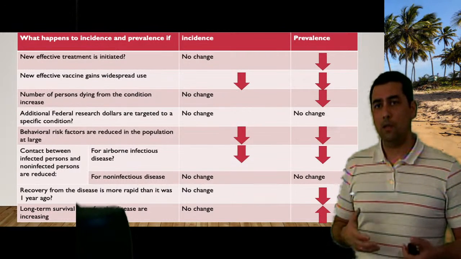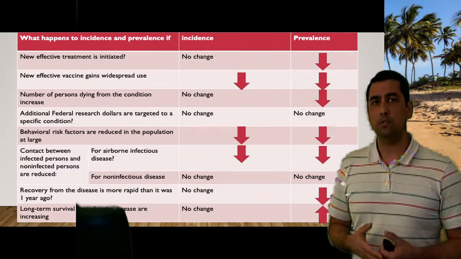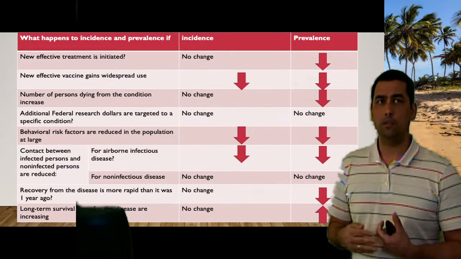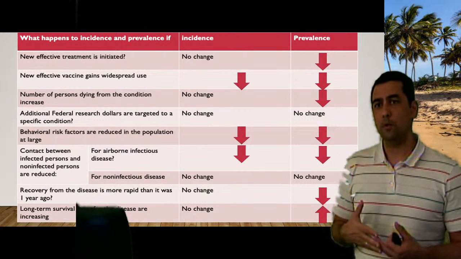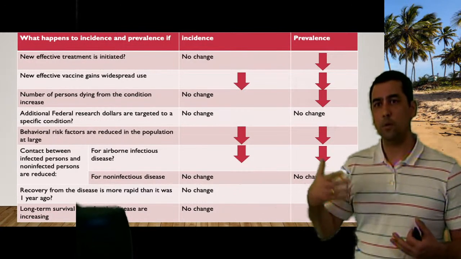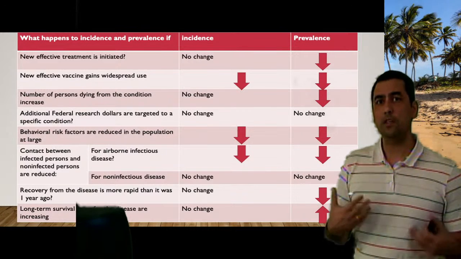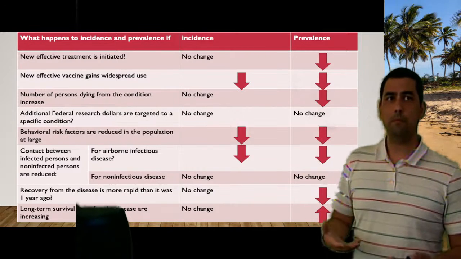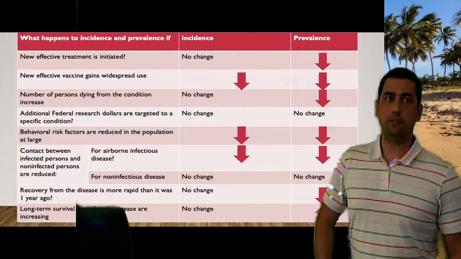But with better conditions in the health system, you have a prolonged increase in survival rates. So you will increase the prevalence. You have more people with illness, with disease.